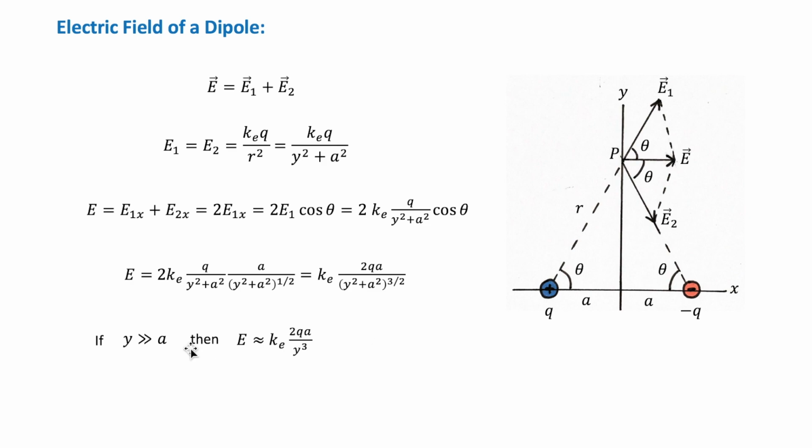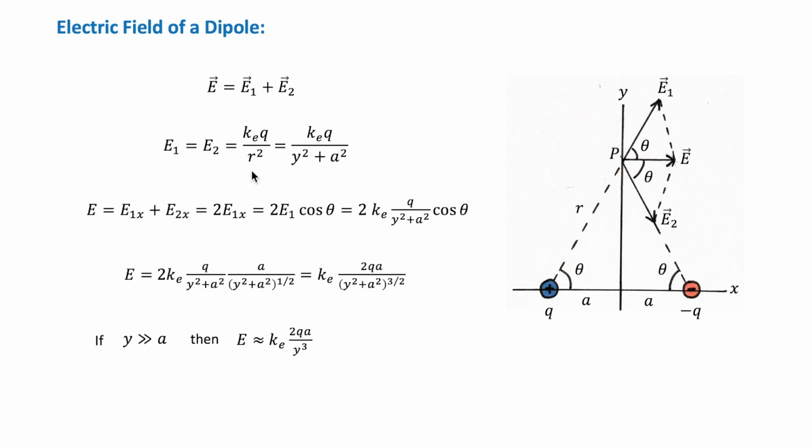And you see here that for points that are far from the dipole, the field of the dipole drops with y cubed, so it is proportional to 1 over distance cubed. But for a point charge, it is proportional to 1 over distance squared.